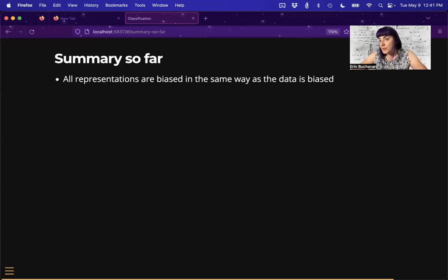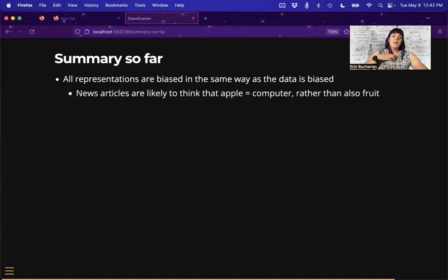So it doesn't matter if you use transformers, bag of words, TF-IDF, Word2Vec, the biases are still there. Okay. So we have to think kind of long and hard about what the data can and cannot say. Okay. So if you only train something on news articles, it's going to think that apples are computers, not fruit. Okay. So a simple example of bias.